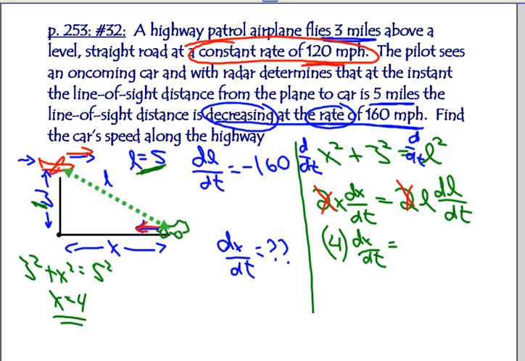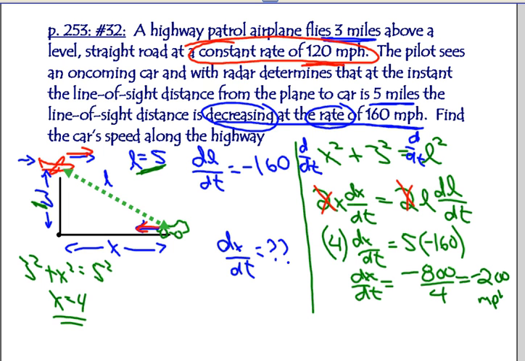L is 5, and dL/dt is negative 160. So just a little bit of math here: 5 times negative 160 is negative 800. We'll divide by 4, and we get negative 200, and our units would be miles per hour.